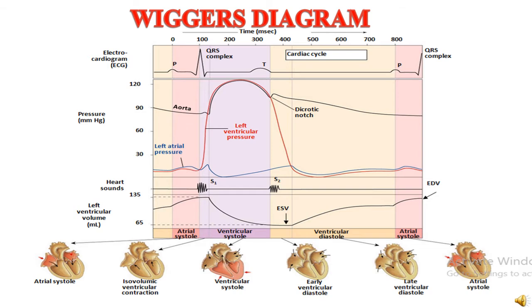The atrial systole and different phases of the cardiac cycle are related to the volume, pressure and the ECG of this graph. Looking into this beautiful diagram, we can easily relate the events that we have studied.